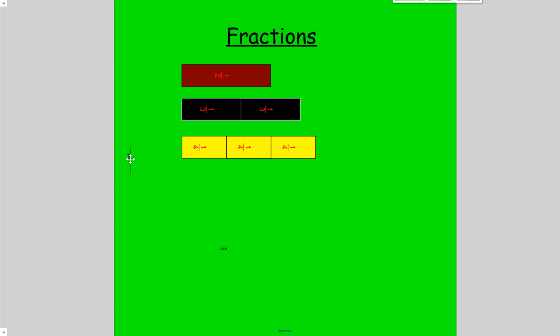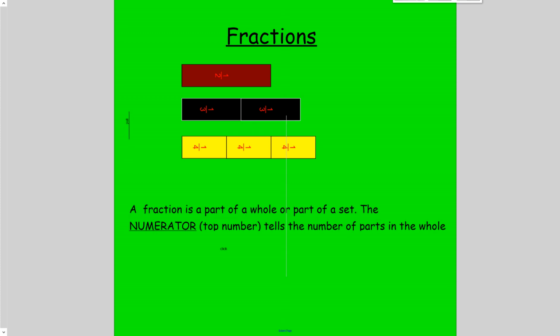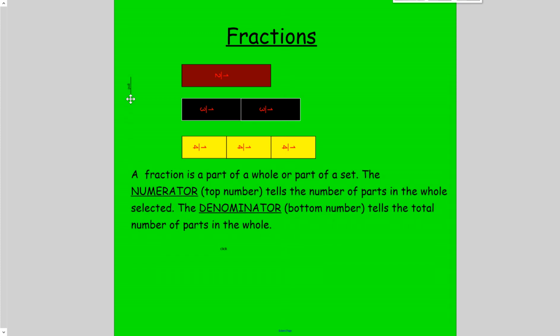So let's take a look at a couple of important points. A fraction, which is a part of the set or a whole, is made up of 2 parts. The top number, or the numerator, tells the number of parts in the whole selected. The bottom number, or the denominator, tells the total number of parts in the whole.